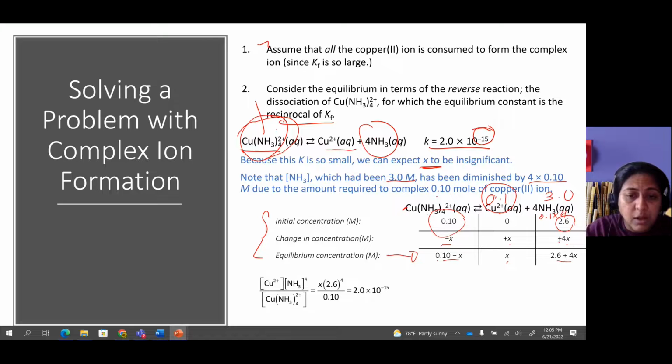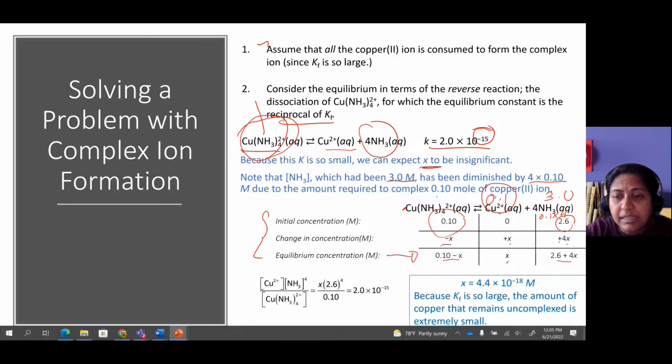When I solve that, I get x as this. This is the amount of free copper, or the copper 2 plus, remaining in the solution. It is a very small value. So the uncomplexed copper 2 plus is extremely small.